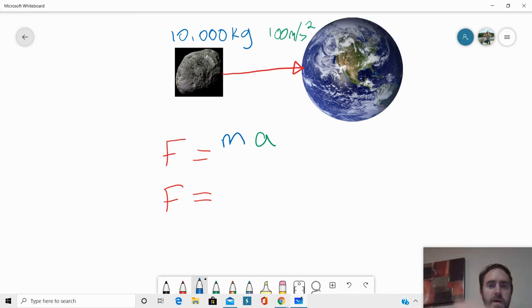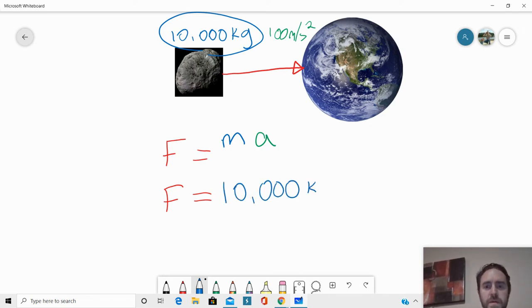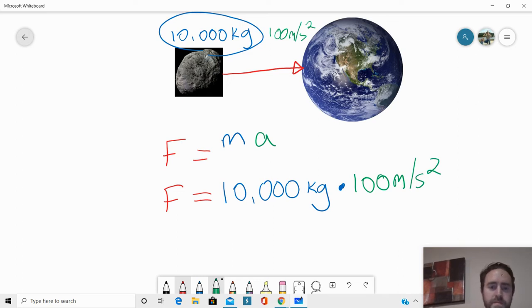Let's plug our numbers in. Take our mass, which is 10,000 kilograms, and we're going to times that by our acceleration, which is 100 meters per second squared.